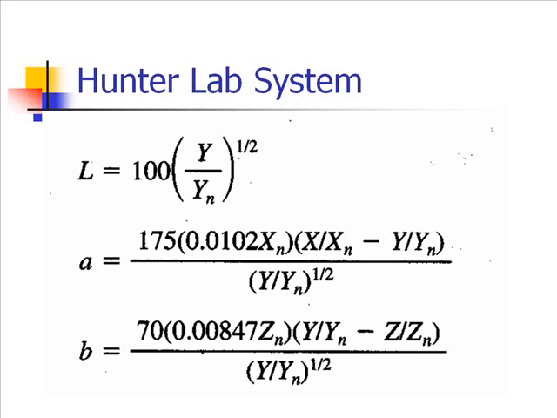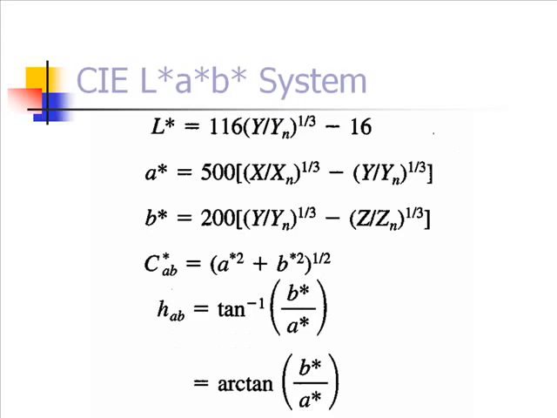And this happens to be the numbers for the Hunter LAB system, which came first. These are the numbers for the CIELAB system. You can see they both come from the X, Y, and Z values, but they have different ways of calculating. You can't equate the two of them, and there's no easy way to convert from one to the other. Like if you want to convert from Fahrenheit to centigrade, there's an equation that you can use.